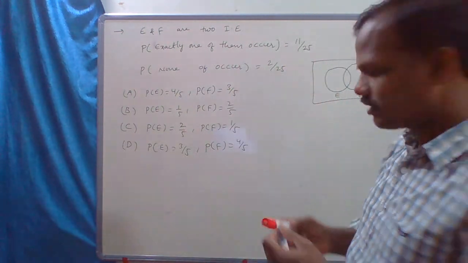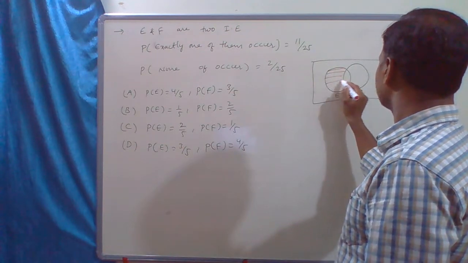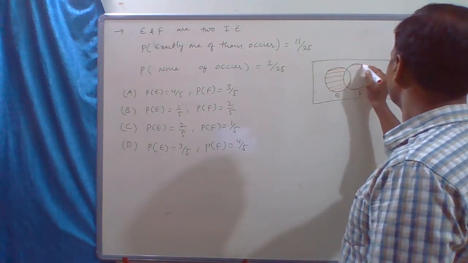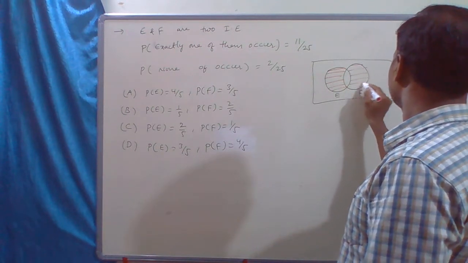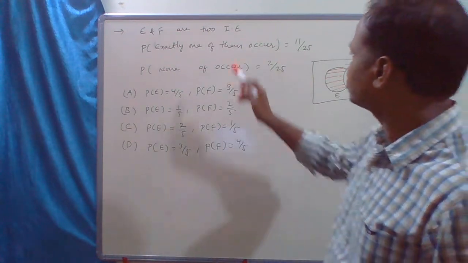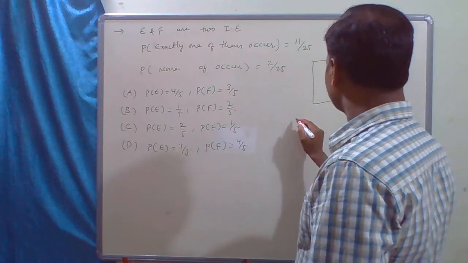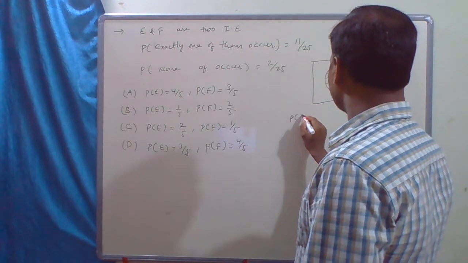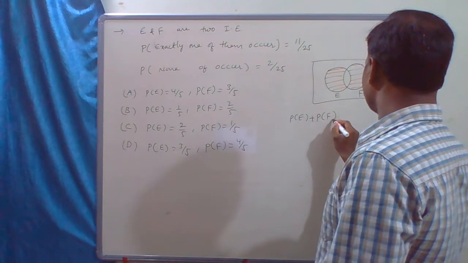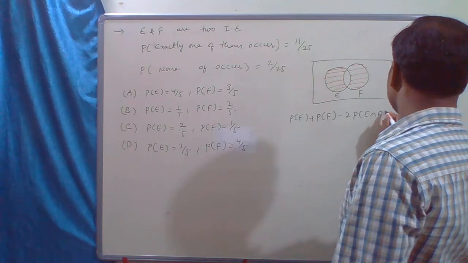Exactly one of them occurs means only E occurs or only F occurs. Clear? So that is probability of E plus probability of F minus 2 into probability of E intersection F.